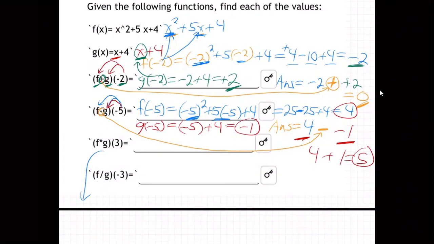So I'm going to do f times g. This time it's multiply, of 3. So you know what we're going to do? We're going to take that 3 and plug it into f and g. Let's find f of 3 first. So let's plug 3 into f.